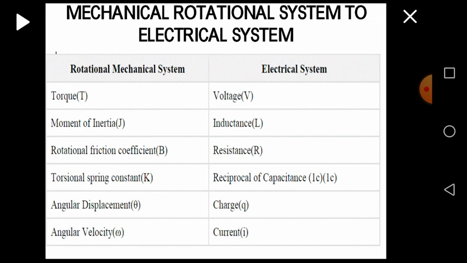First we are going to see about the values that will be changed in the mechanical rotational system in terms of the electrical system.